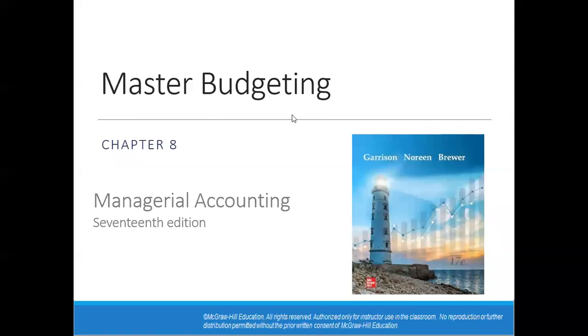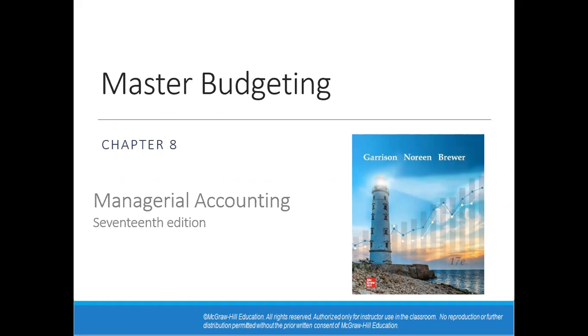So we see the organization set their financial goals. To align with their financial goals, they prepare a number of budgets. It can be a budget for how much I'll be selling, how much I'll be producing, how much expenses I'll be incurring for direct materials.